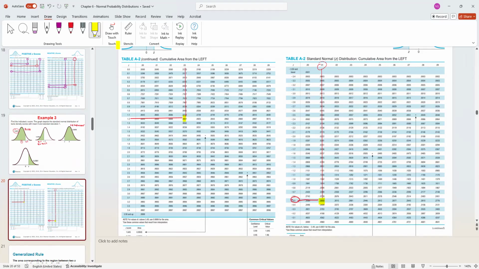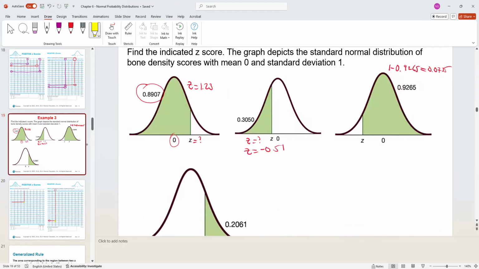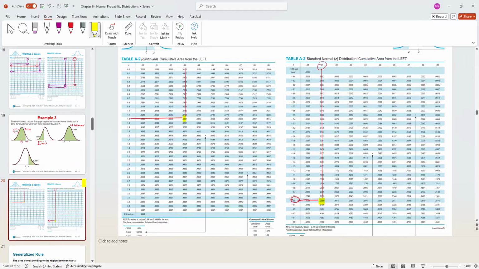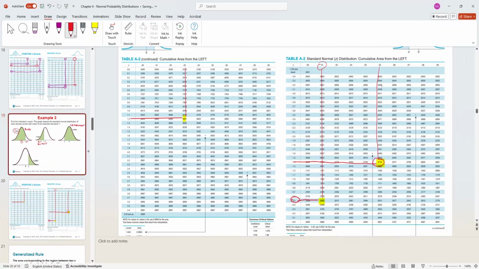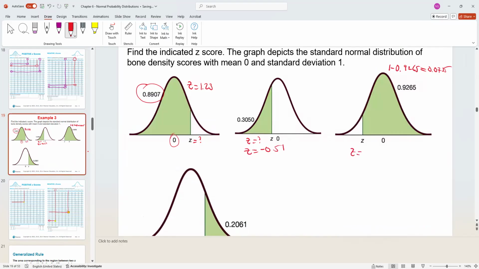Okay, 0.0735. Here you go, right there. It's negative 1.45. So we know here z would be negative 1.45.